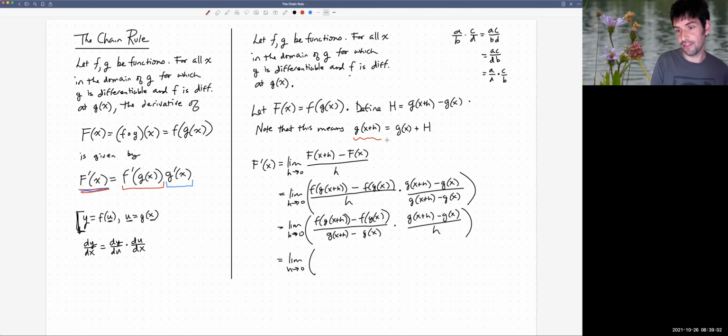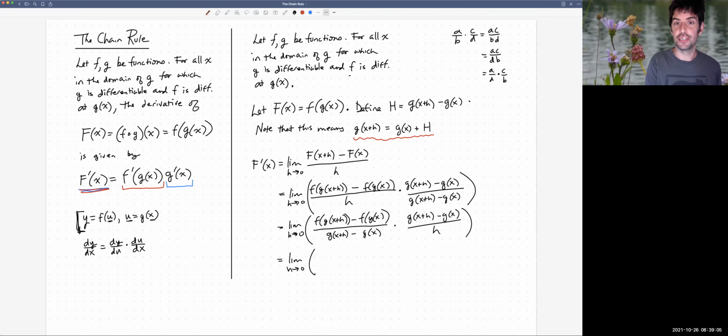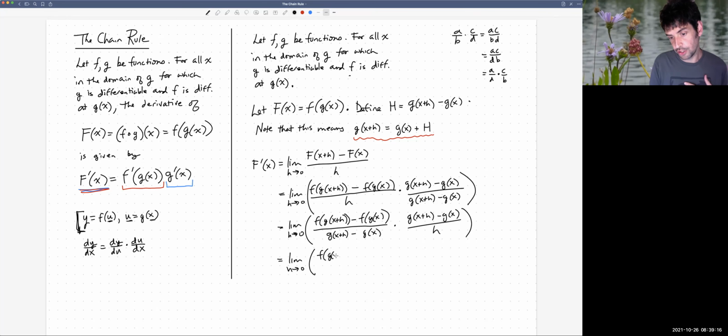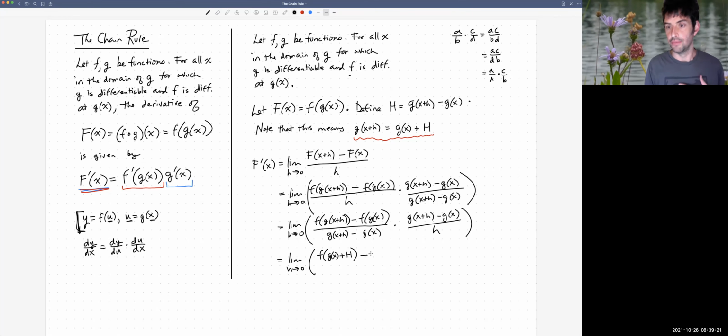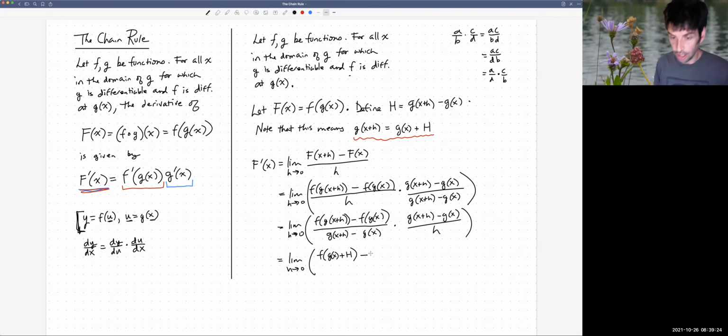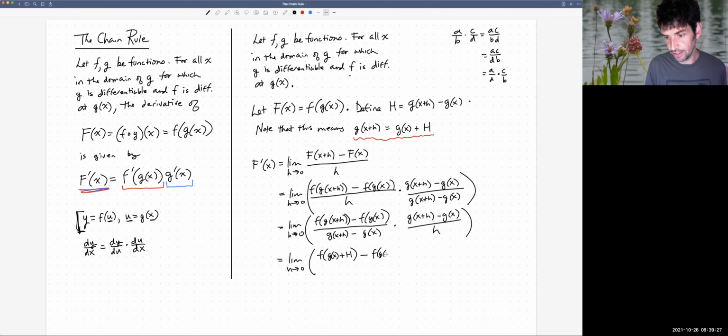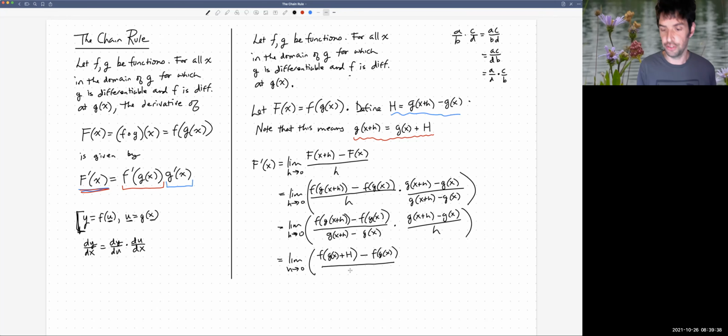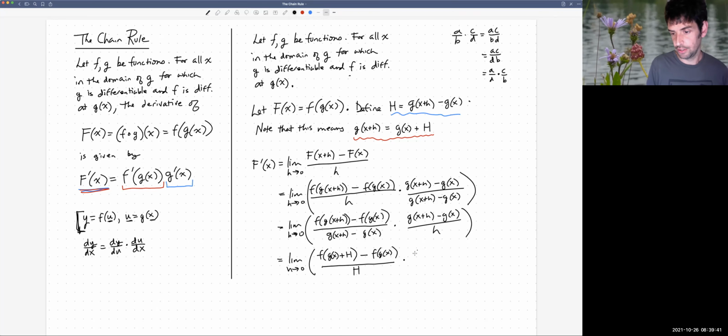Notice that by this definition of H, g of x plus h, all in the parentheses, can be written as g of x, and then outside the parentheses plus capital H. So we have f of g of x plus H minus, we'll leave that one alone, f of g of x. All of this, and then the denominator, I'm just going to substitute in this original definition for capital H.